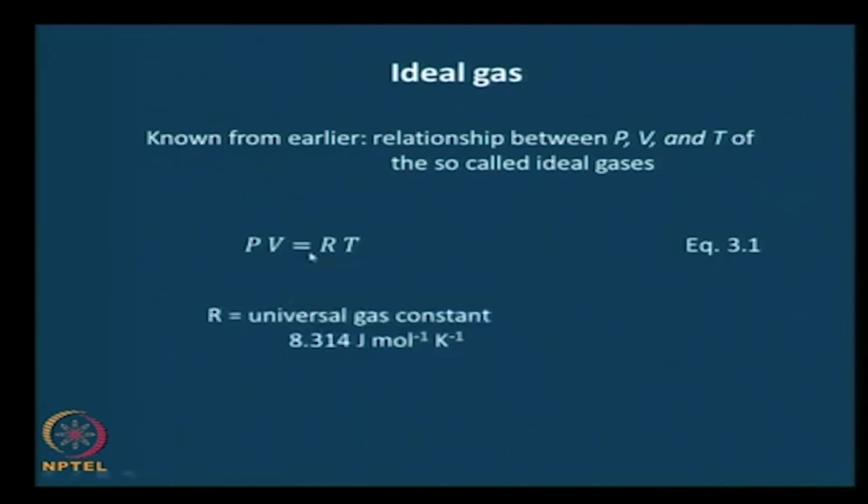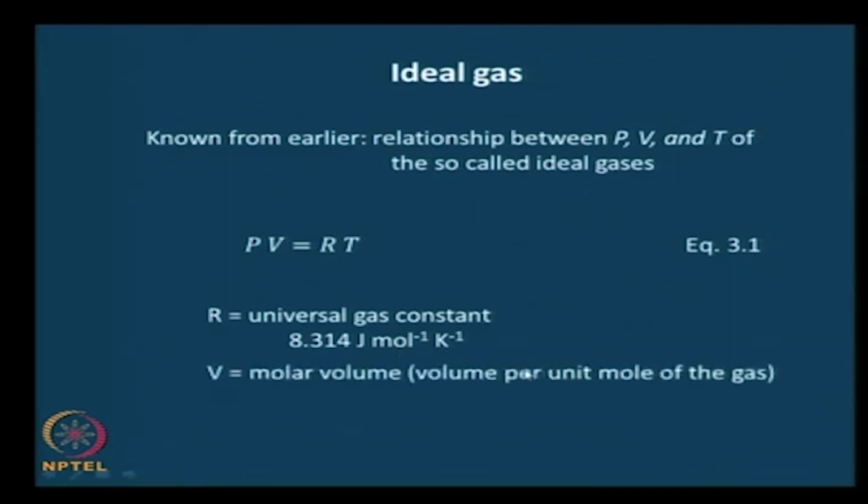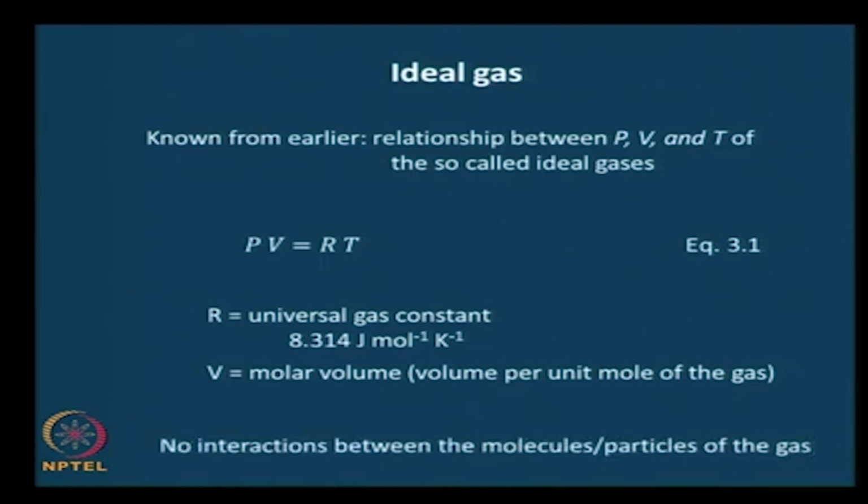R, as may be known, is the universal gas constant, the value of which in these units is 8.314 joule per mole per Kelvin. V is the molar volume, or volume per unit mole of the gas, that we have already seen.